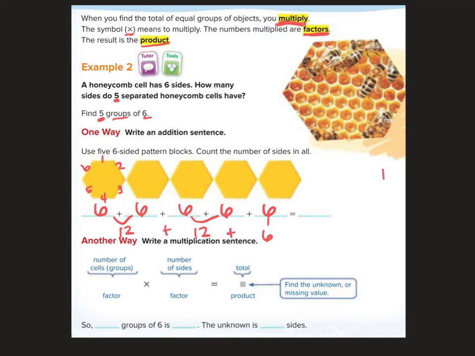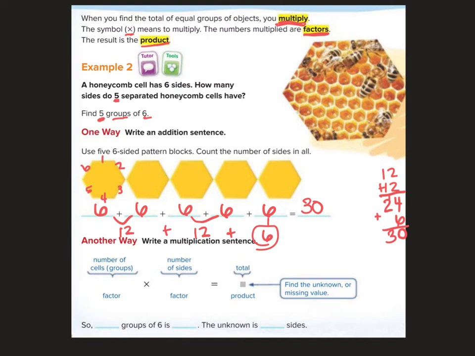So if I take 12 plus 12, I would get 24. Then I need to add in my last 6. I would get 30. 30 is what 5 6s are equal to.